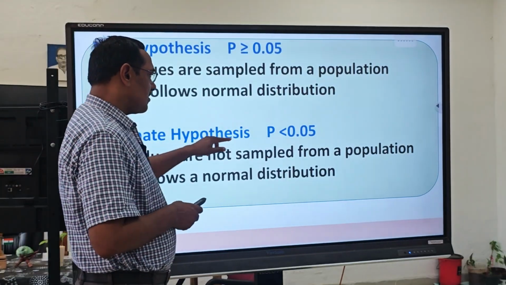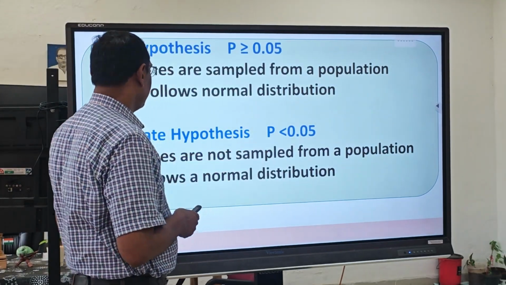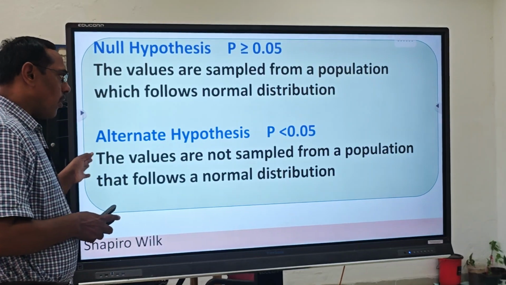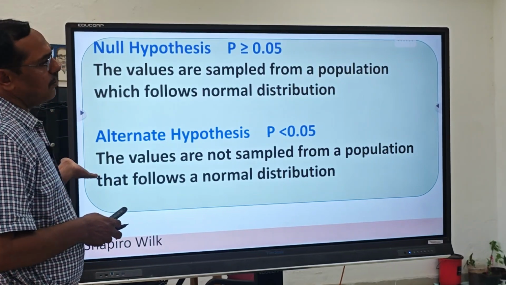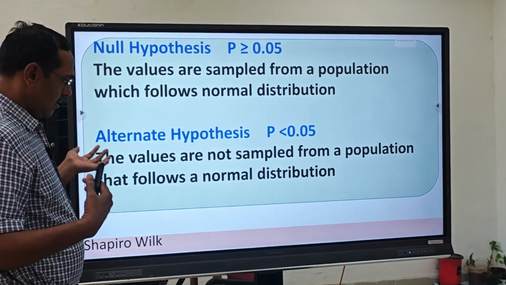If the p-value is less than 0.05, the values are not sampled from a population that follows a normal distribution.